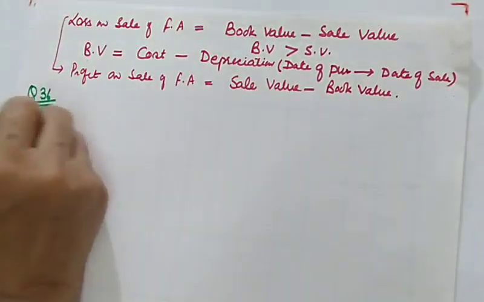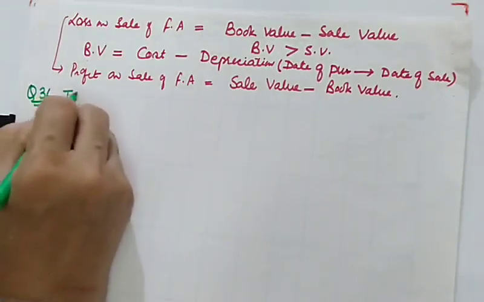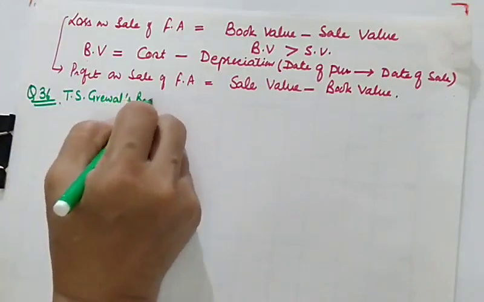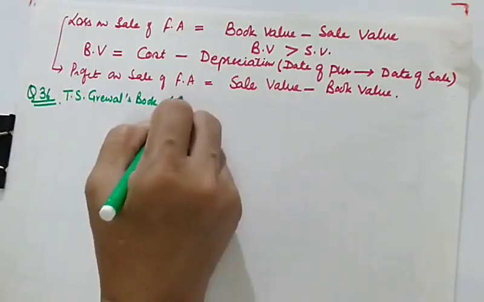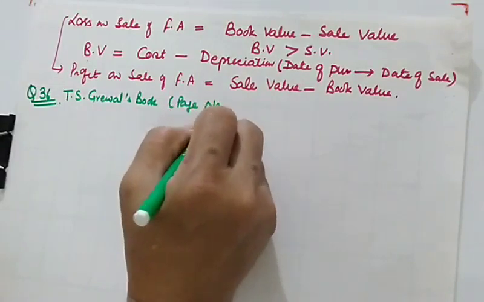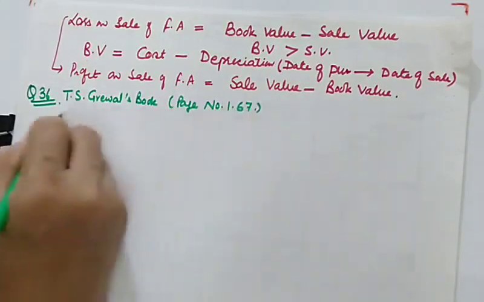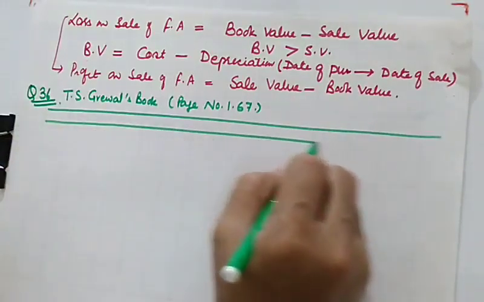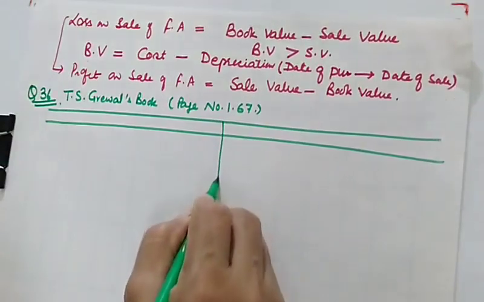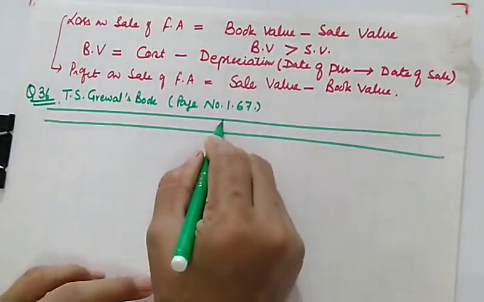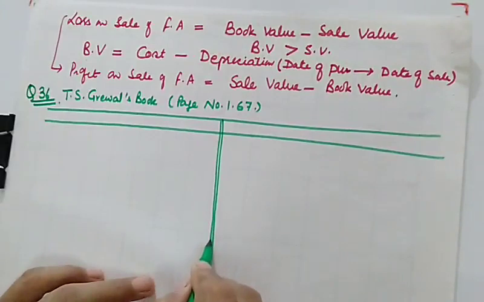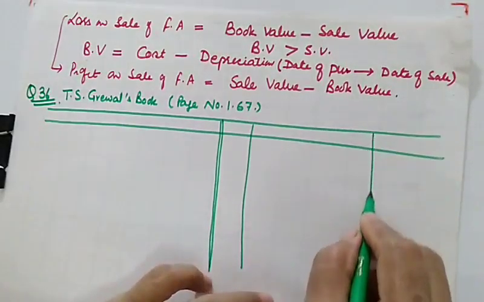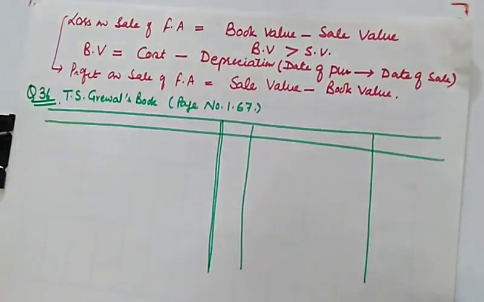Question number 36 of T.S. Grewal's book. This is page number 1.67. And here you need to make the column for date also, because date wise we'll be recording the transactions.